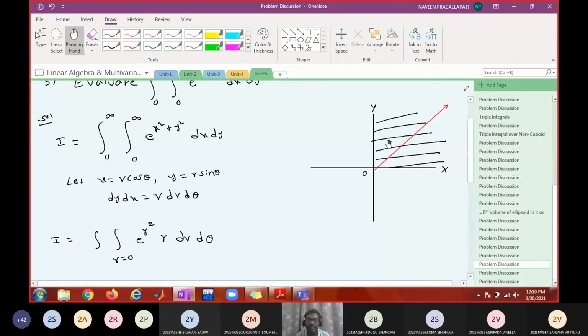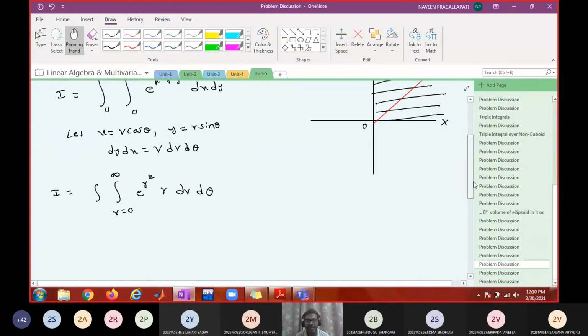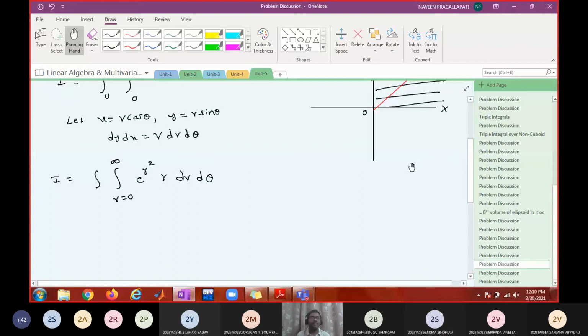Where is it going? Infinity. And how is theta varying? When you are rotating this line to cover the entire first quadrant, theta varies 0 to? Pi by 2. 0 to pi by 2.